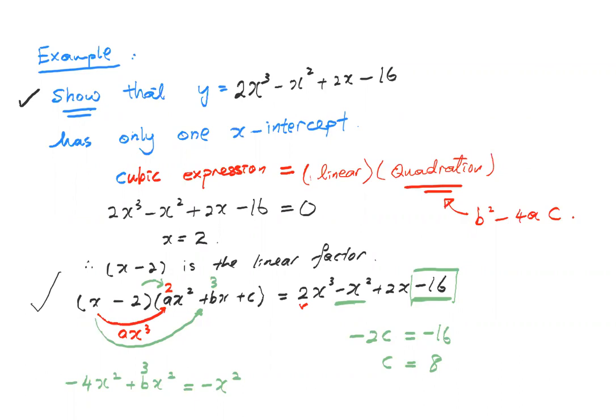Show that there is only one turning point. Show that kind of thing. So we are using this, b squared minus 4ac. Important. It can only apply to quadratic function. Okay. Done.